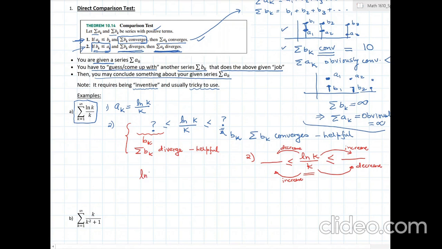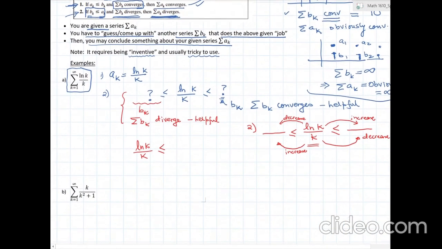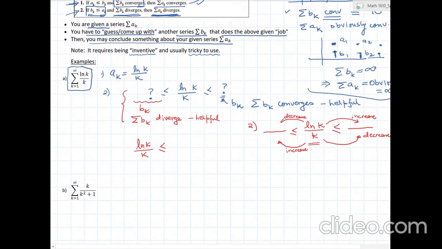So I have ln k over k. Suppose I want to go on the higher side. So I want to find something up here. What can be larger than ln k, log of k? Well, k is larger.